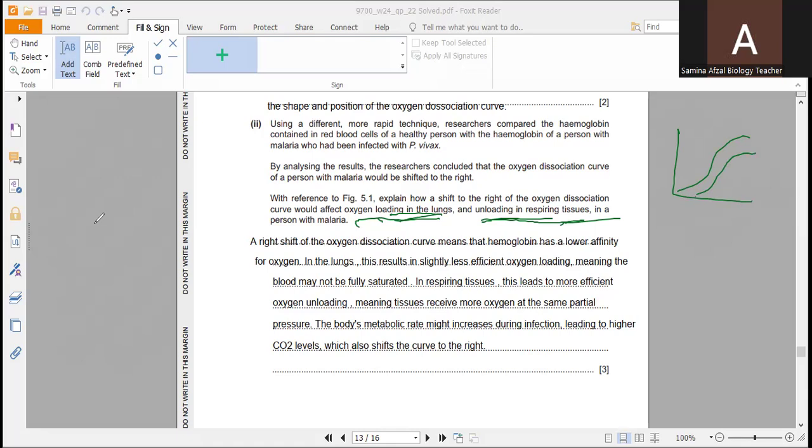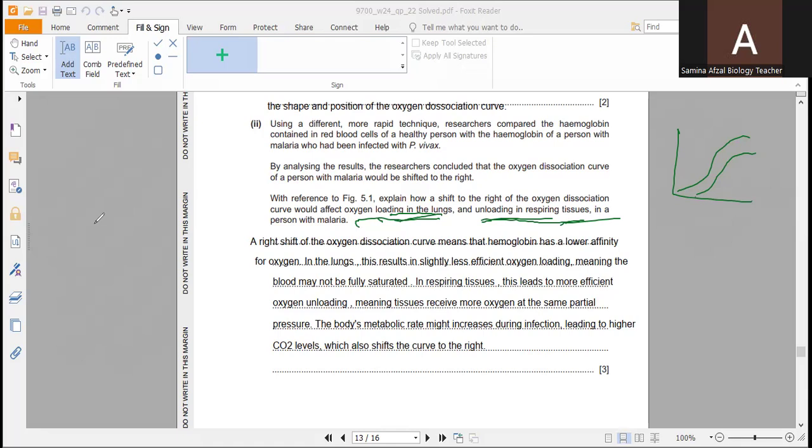So this results in slightly less efficient oxygen loading, meaning the blood may not be fully saturated. The blood has less oxygen, so it is not fully saturated. And in respiring tissues, this leads to more efficient oxygen unloading, meaning tissues receive more oxygen at the same partial pressure.